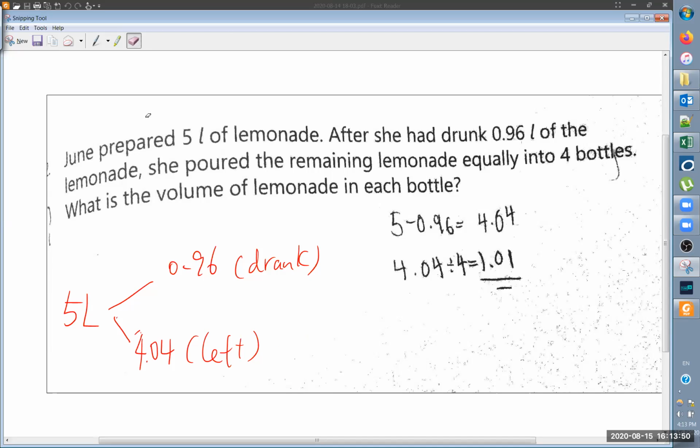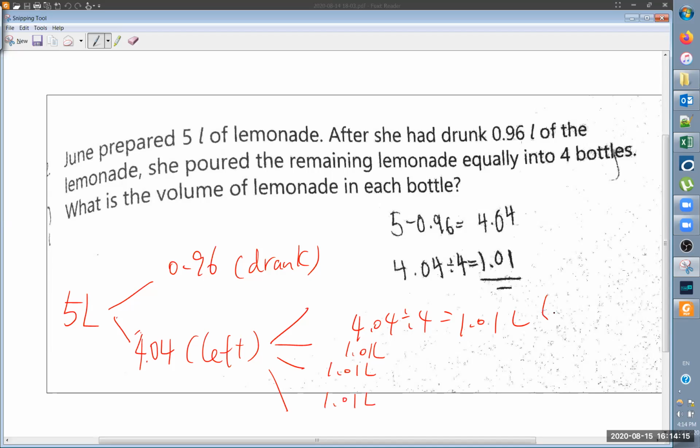Instead of 2, how many branches do you have? 4 branches. Each branch will be given by 4.04 divided by 4. So you have 1.01 liter, 1.01 liter, 1.01 liter, and 1.01 liter.